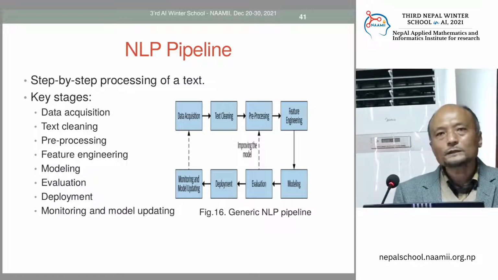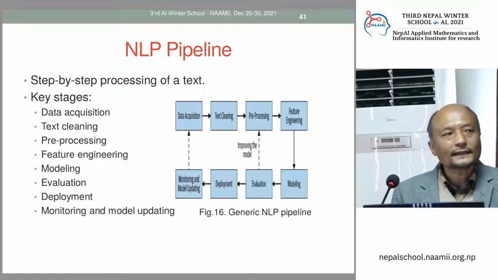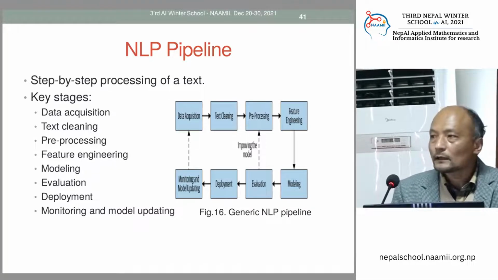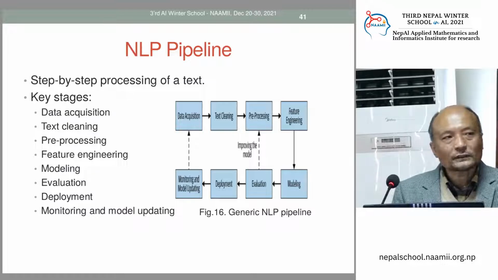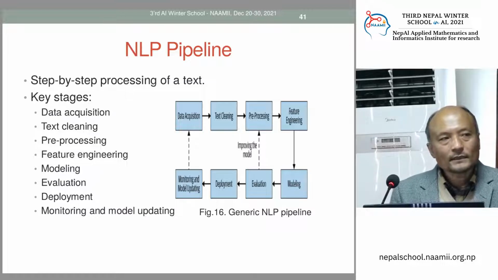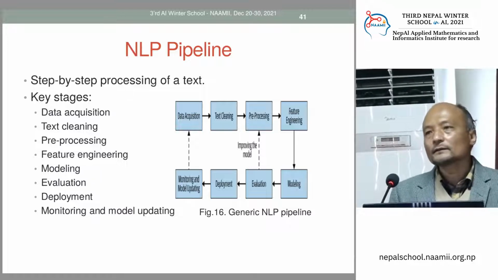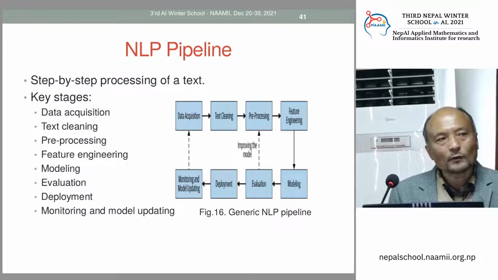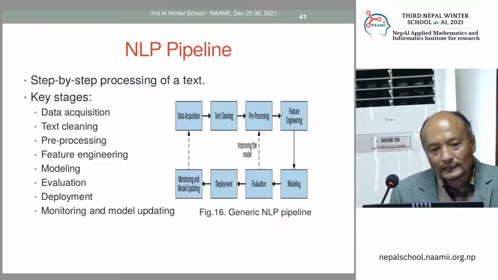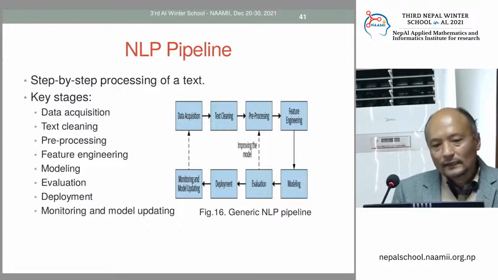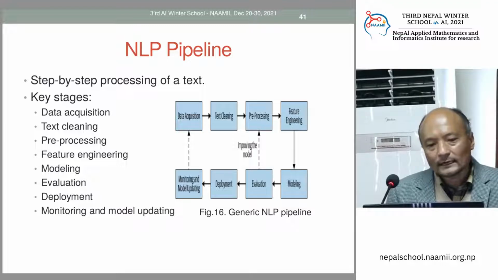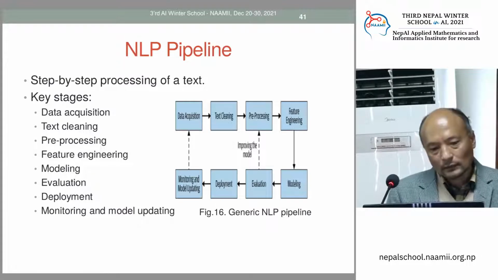then of course you need to pre-process the text, because there are a number of things like tokenization, stemming, normalization, and all those different tasks that need to be carried out in pre-processing, so that your text is in a ready format to feed into your model, right?